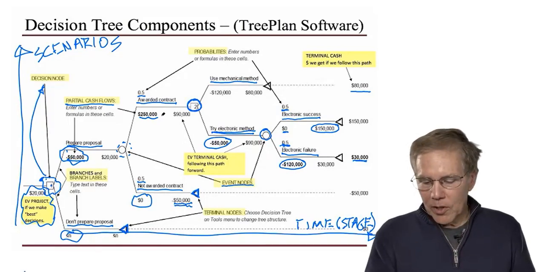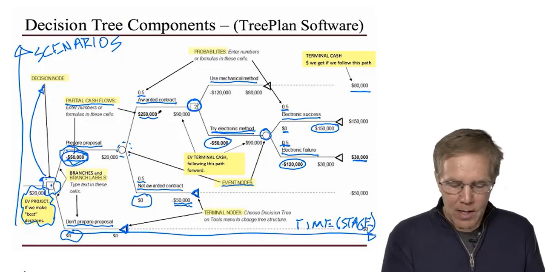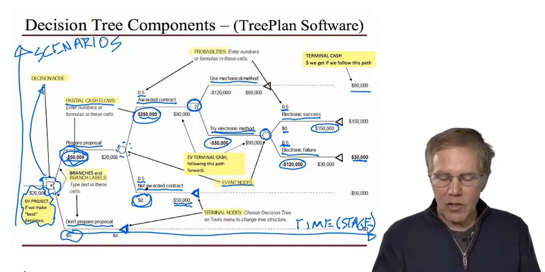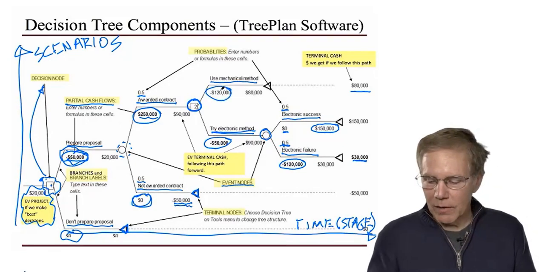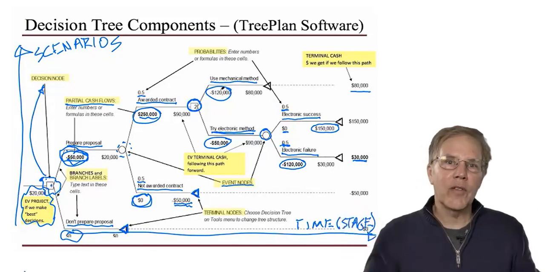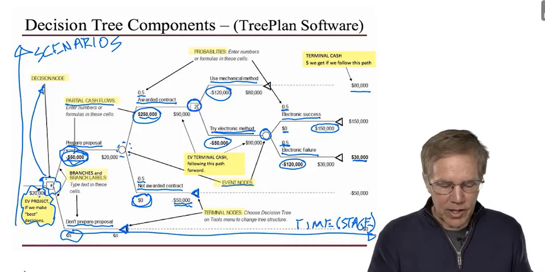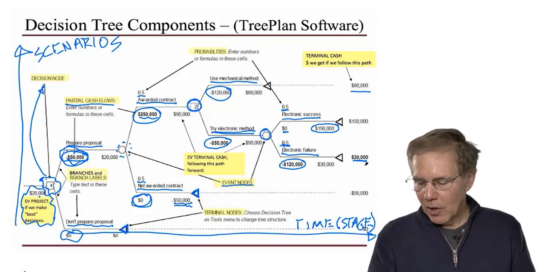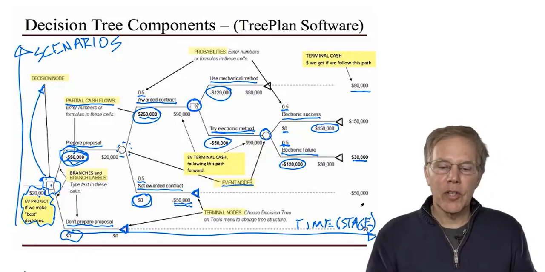And once we put in all of the cash that we're going to have to spend for every part of the tree and every amount of cash we're going to get on every branch of the tree, the software will solve this for us, and it's going to tell us the expected value of the project if we take the decisions that it recommends, and it's going to tell us the terminal net cash we would wind up with for every possible branch of the tree.